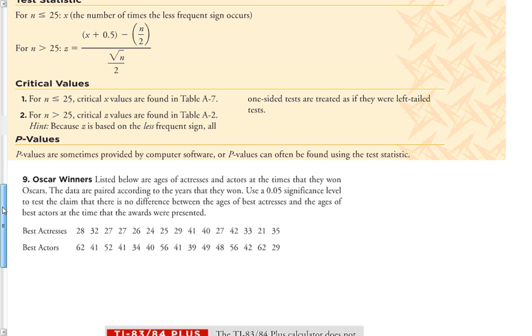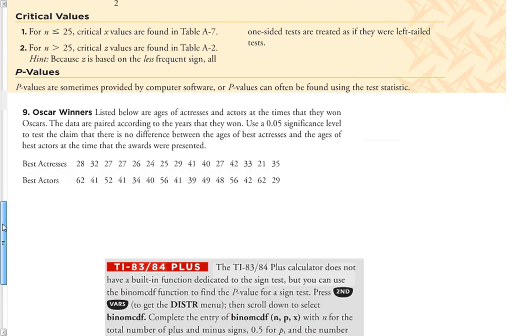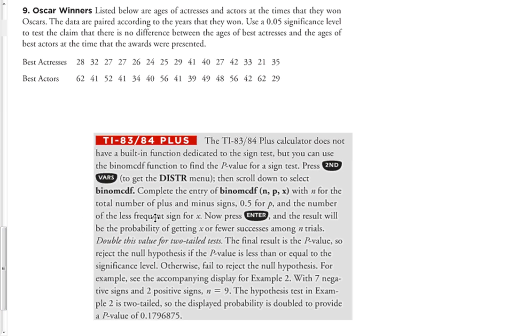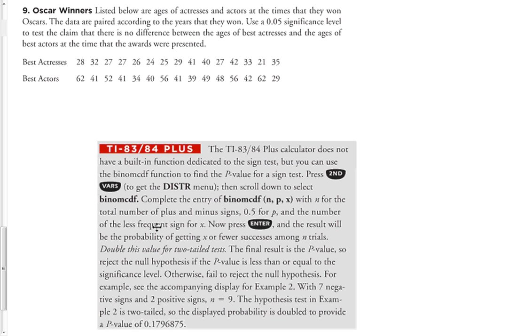All right, so we're going to use software, and here is an example. And here is the procedure for conducting the sign test on the TI-83 to get a p-value. The first thing we want to do is look at these differences and assign signs to them. So let's take a look at example 9.